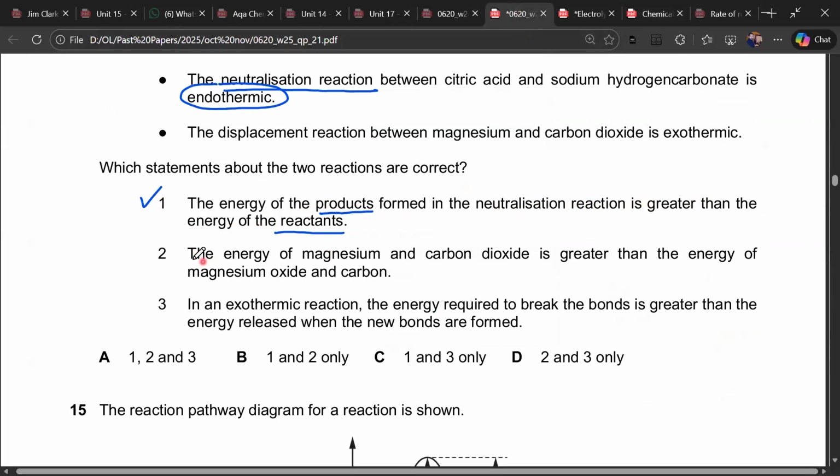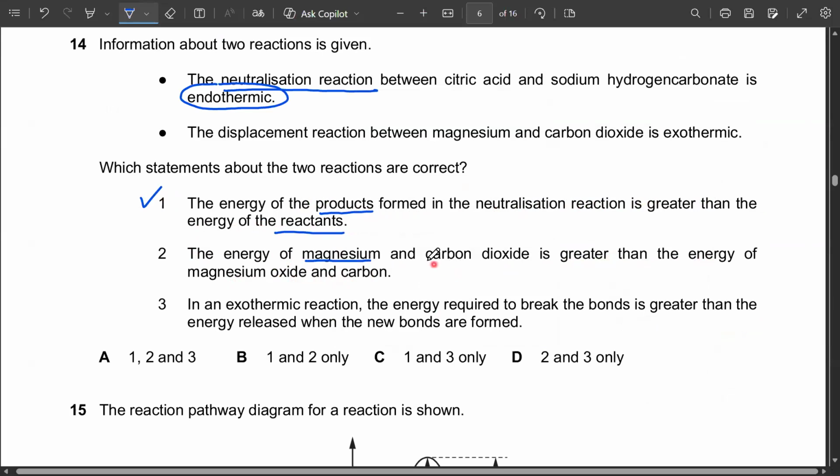Then the second option says the energy of the magnesium and carbon dioxide is greater than the energy of the magnesium oxide and carbon. Now they are linking these two with the second reaction, between the magnesium and carbon dioxide, and they have referred to this reaction as exothermic.